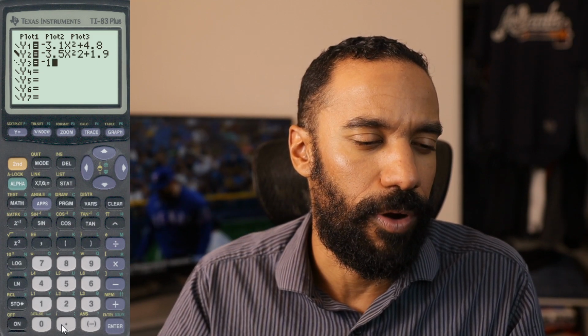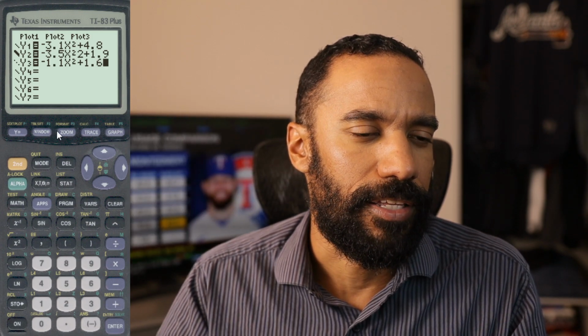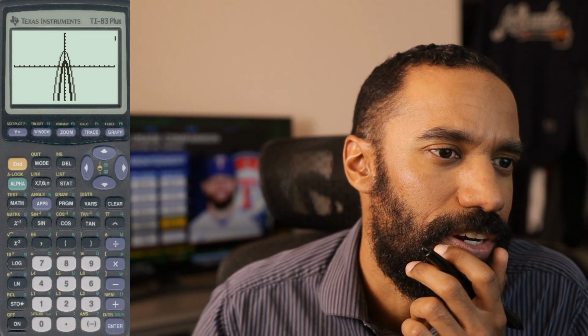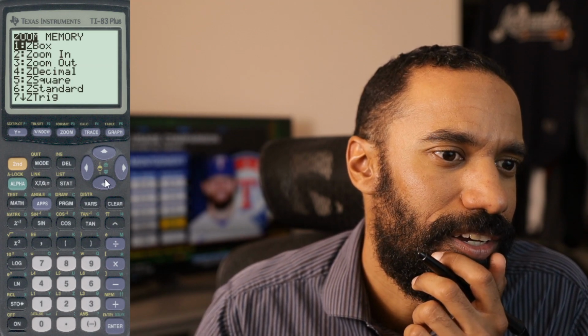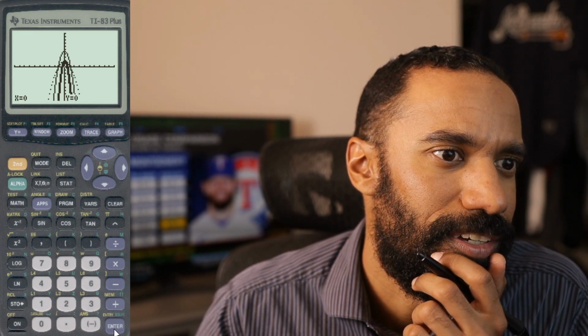And the third one will be, let's see what different kind of thing I have, not an inequality, no, dotted. The third one will be negative 1.1 x squared plus 1.6. All right, let's see. We want to see where they hit. So that's the first one. Second one, no, not as far out. The third one, oh, we're going to have to zoom in on this.